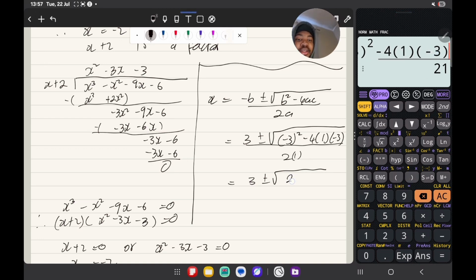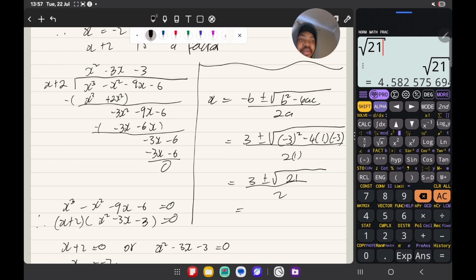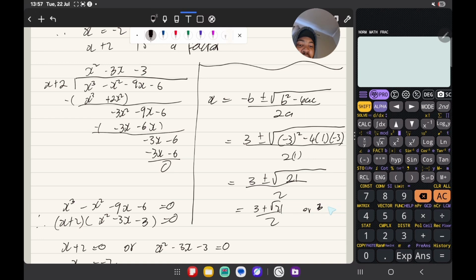You get 21, so square root of 21. Therefore you have x being 3 plus square root of 21 over 2, or 3 minus square root of 21 over 2, and there you're done.